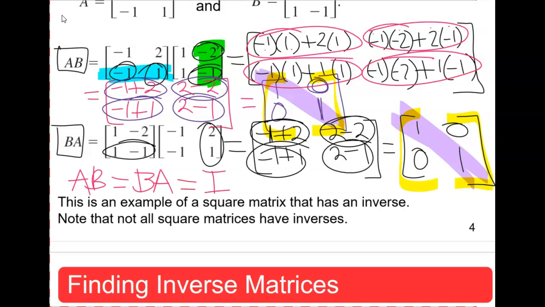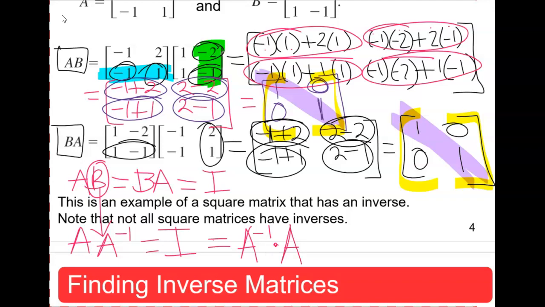So what we could also say is, instead of calling it matrix B, we could call it A inverse. And so that is how we show by obtaining identity. And this will be commutative.